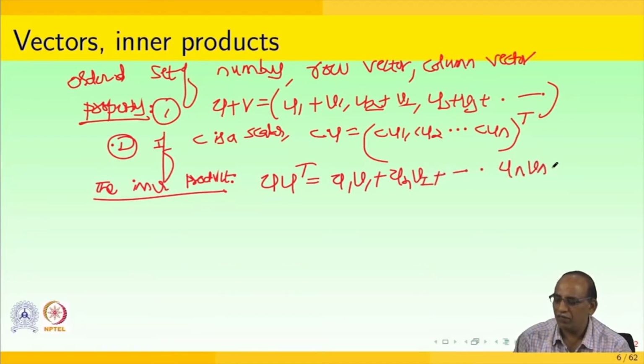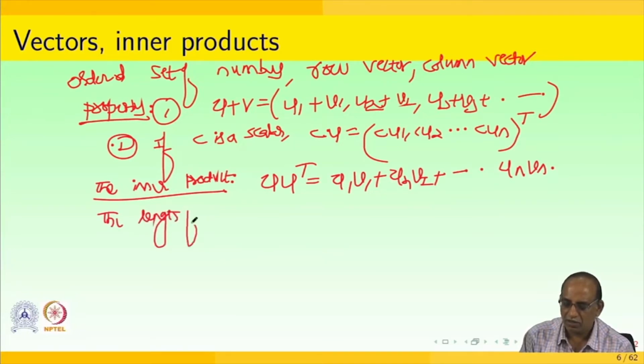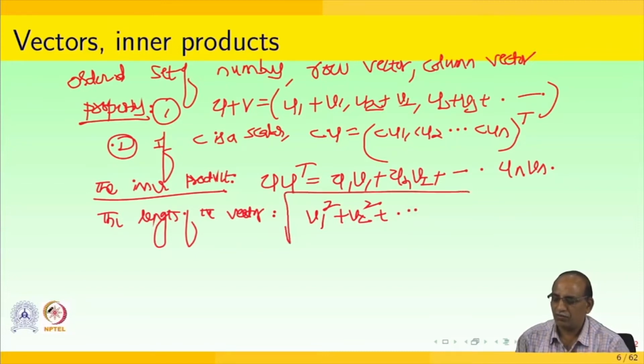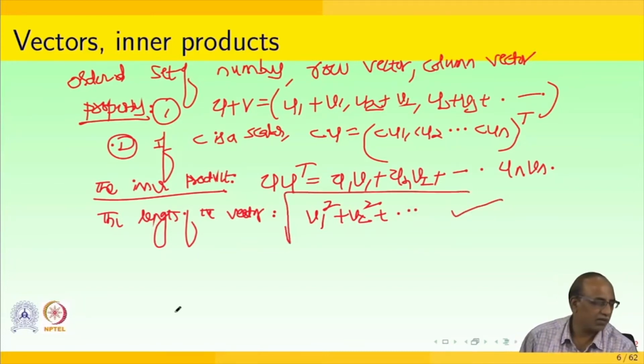That is the inner product. Then the length of the vector is denoted as the square root of v1 squared plus v2 squared, etc., which we call the length of the vector.